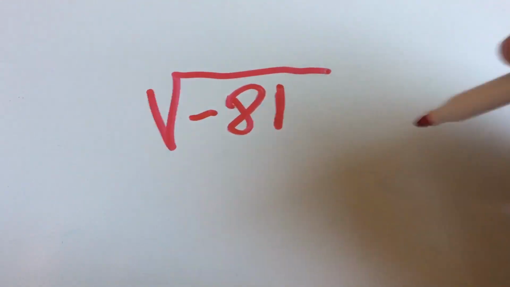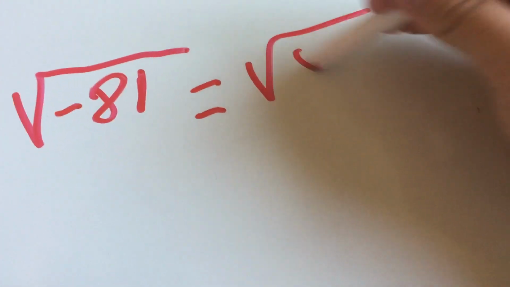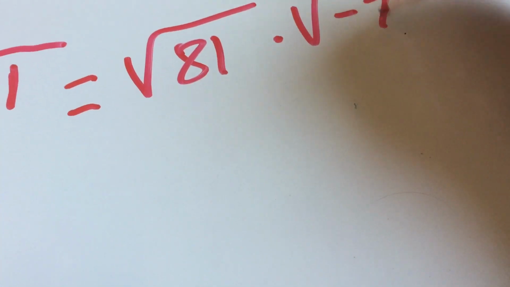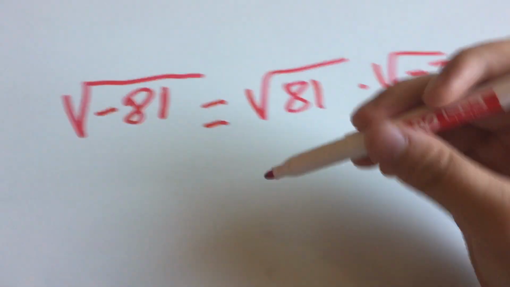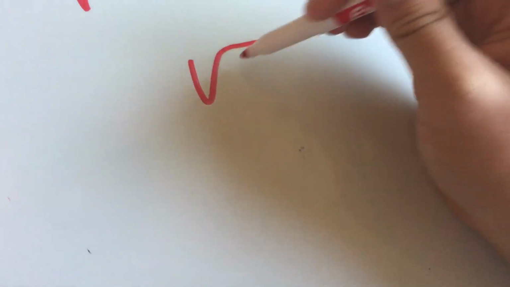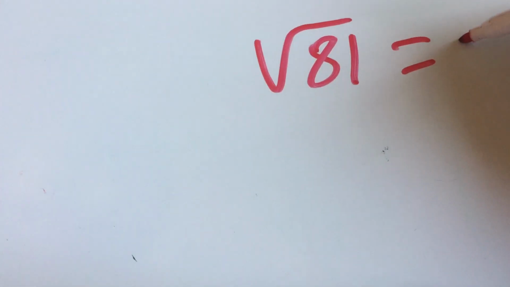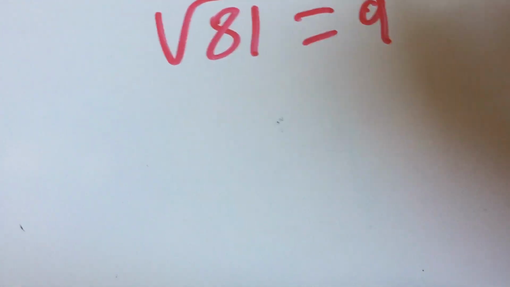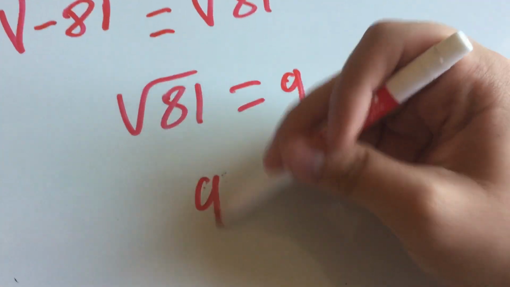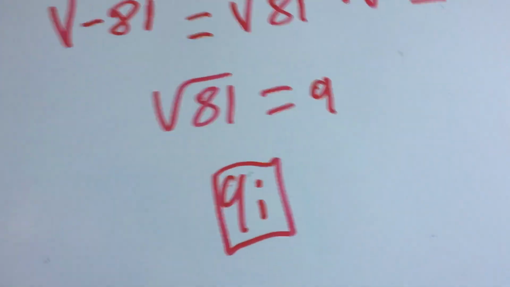Okay, you can write it as the square root of 81 times the square root of -1. The square root of 81 is 9, and the square root of negative 1 is i, so your answer would be 9i. Okay?